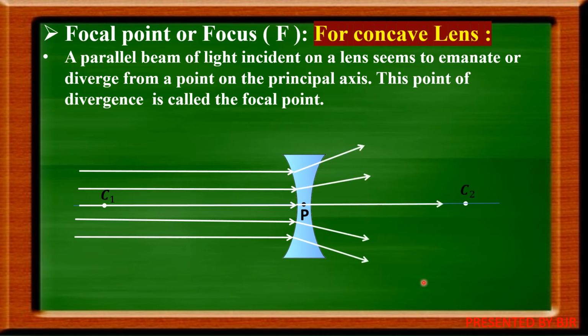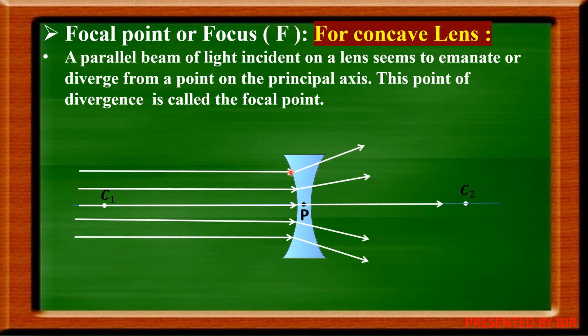Now, all these refracted rays seem to be diverging from a point on the principal axis on the same side as the incident rays. That means if you extend these rays forward, they never meet, they never cross one another. That's why they are called divergent rays. So what we have to do? We have to extend them backwards.